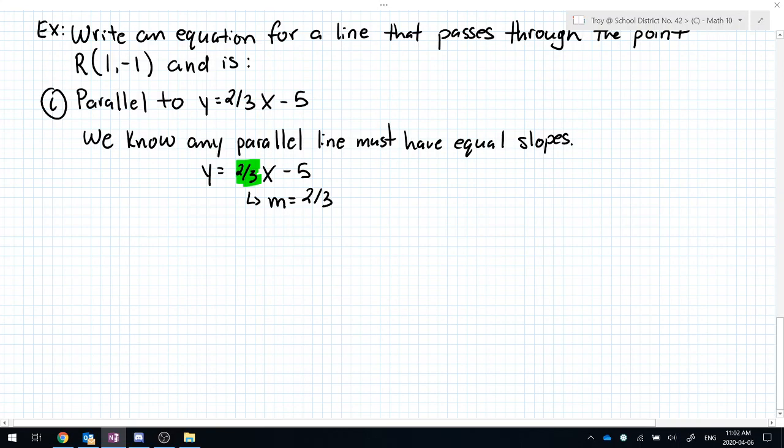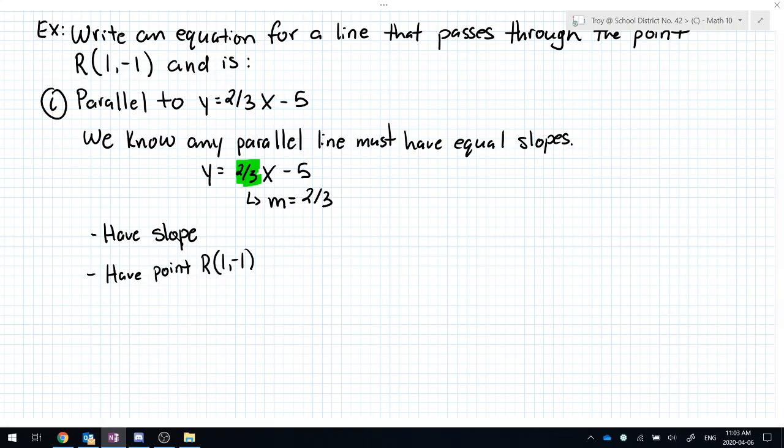So let's discuss what we have here. We have a slope and we have the point r, which is 1, -1. Now I know that that is not a y-intercept. If it was a y-intercept, it would have an x-coordinate of 0, right?